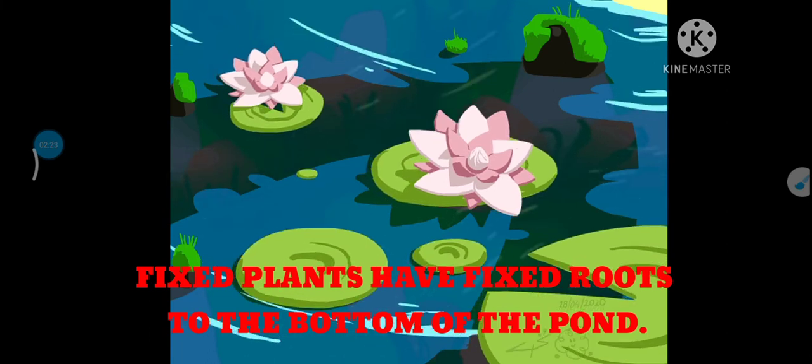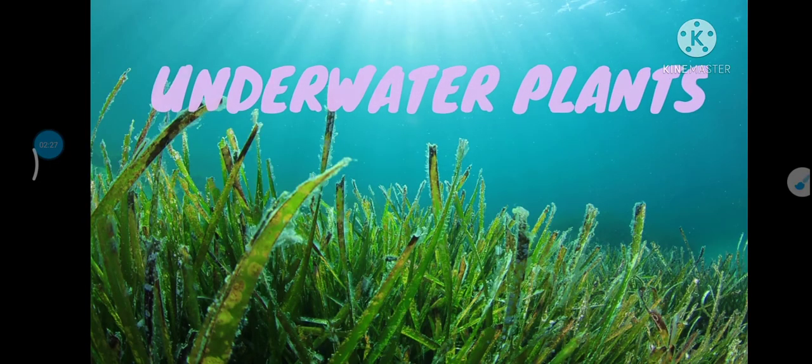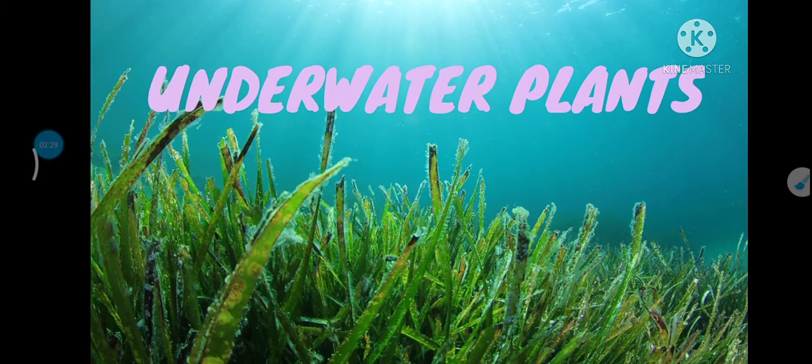Now let us learn about underwater plants. Underwater plants, the name itself describes that these plants grow completely under the water. They have long and narrow leaves.